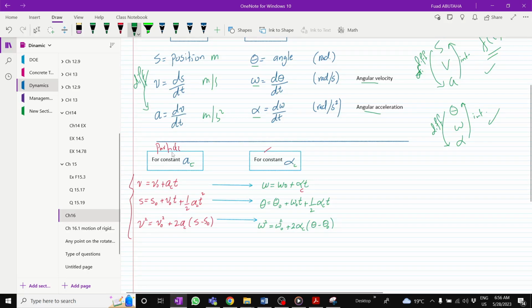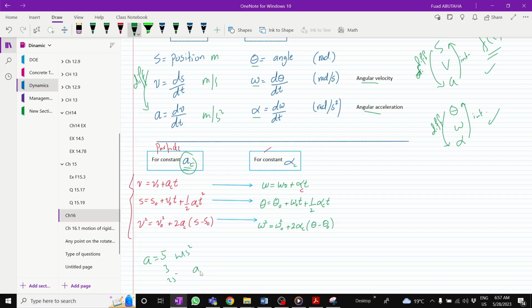And in terms of the particles, when we have a constant acceleration, we had these three equations. The final velocity is equal to the initial velocity plus the constant acceleration times the time. The final position is equal to the initial position plus the initial velocity times the time plus one half the acceleration times the time squared. And we also had a third related equation. We use these three equations when we are dealing with a constant acceleration, like 5, 3, 25, or whatever meters per second squared.